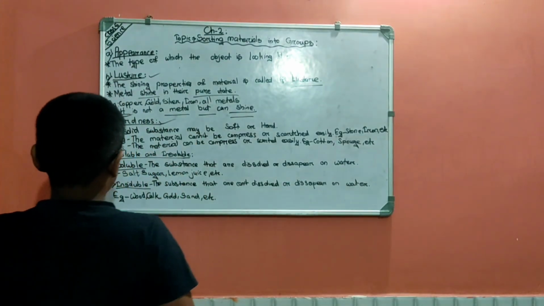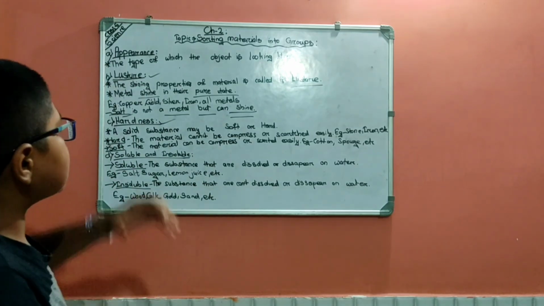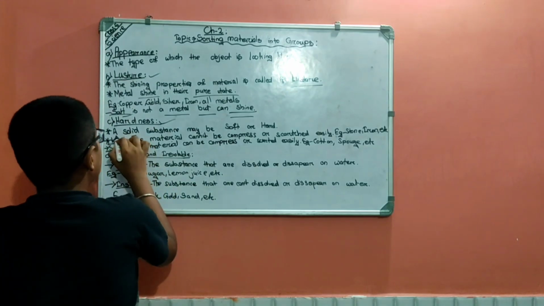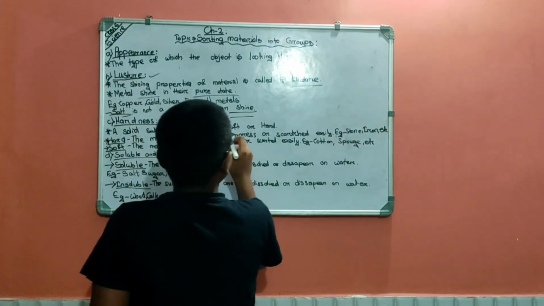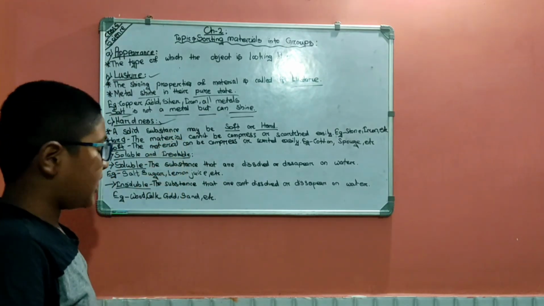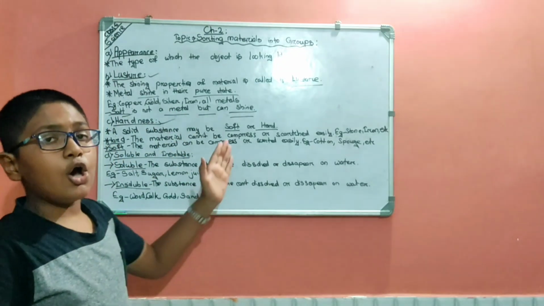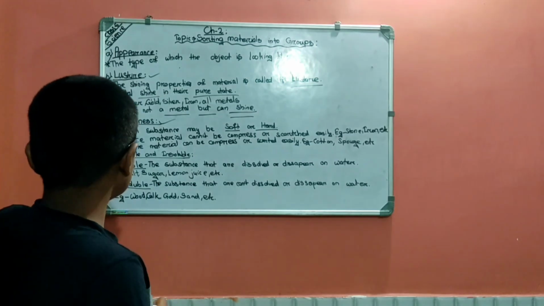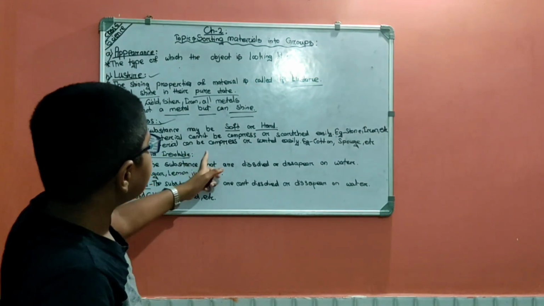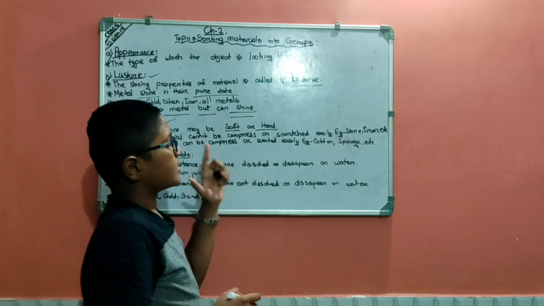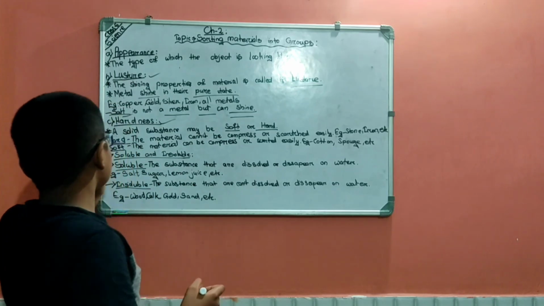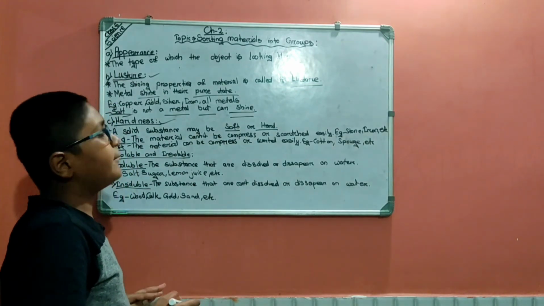Now hardness. Think of a solid object. A solid substance may be soft or hard. First, hard: the material cannot be compressed or scratched easily.